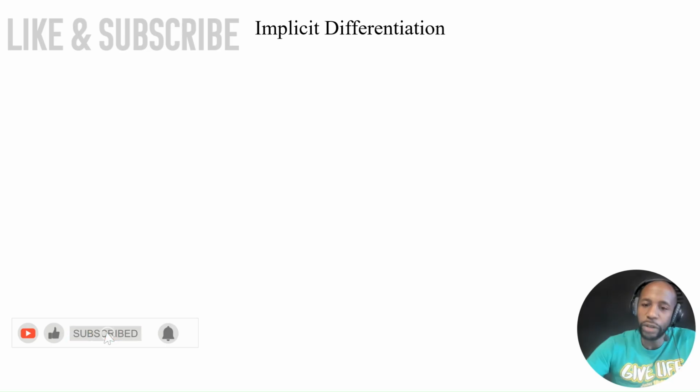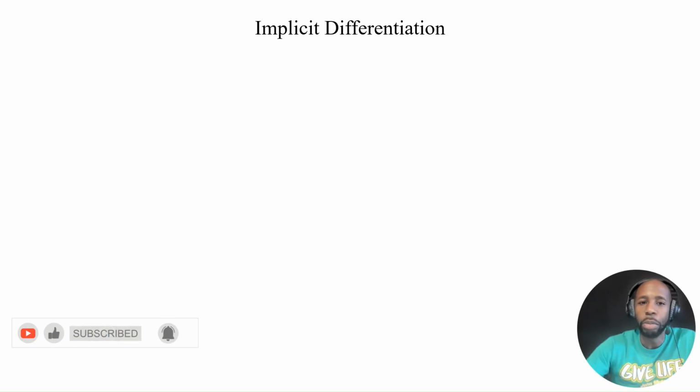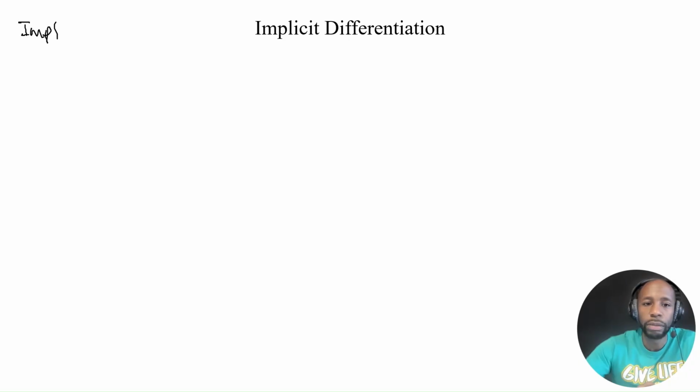All right, so first of all, let me give you the definition. I like to define words, and I want to define implicit. When something is implicit, that means it's basically implied, even though it may not be obvious.